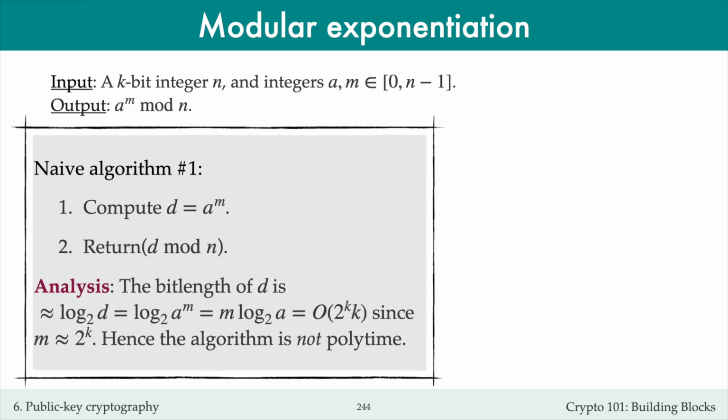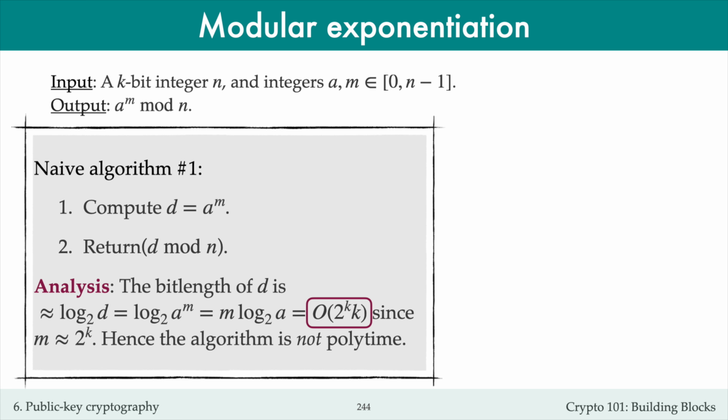This algorithm is terrible. More precisely, it's not polynomial time. The bit length of the number d is roughly log base 2 of d, which equals log base 2 of a to the m, which is m times log base 2 of a. Now log base 2 of a is big O of k, since a has bit length at most k. And m is big O of 2 to the k, because m has bit length roughly k.